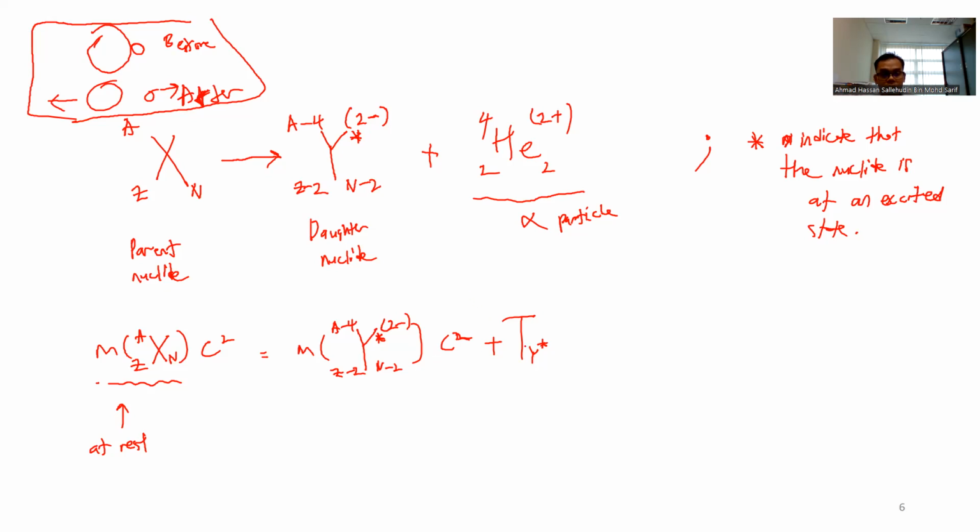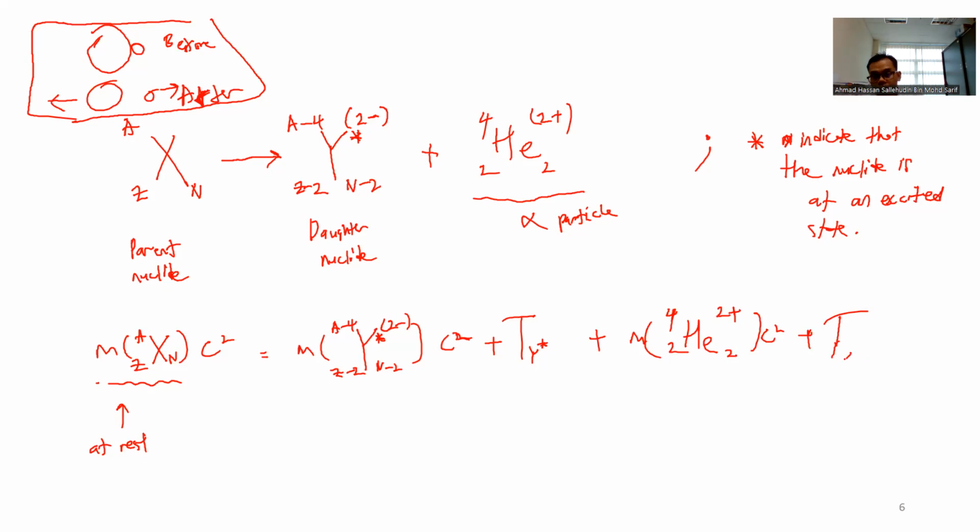So this is the mass energy of the daughter. This is the kinetic energy of the daughter nuclide. And then similarly, the mass energy of the helium, as well as the kinetic energy of the helium.